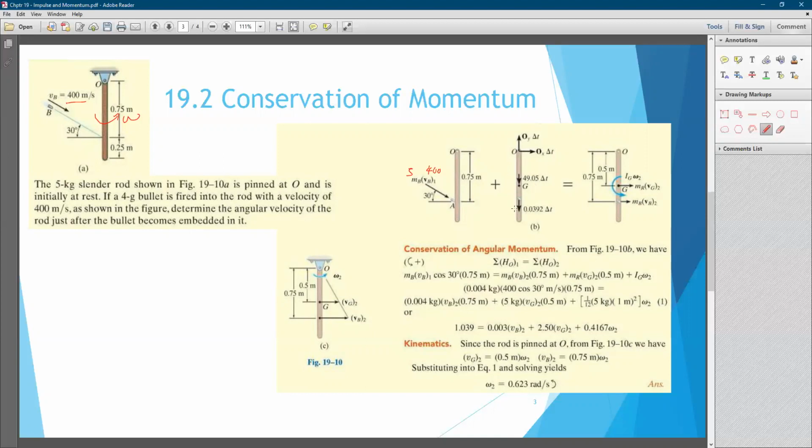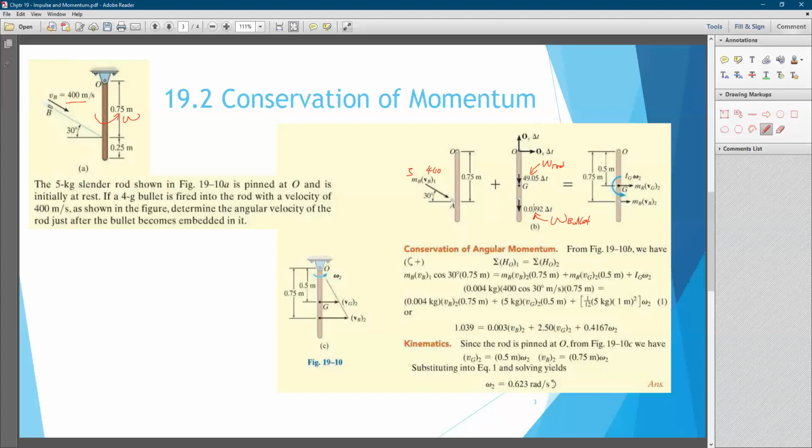What we can see here is our axis system. And this is the weight of the rod, and this one is the weight of the bullet.